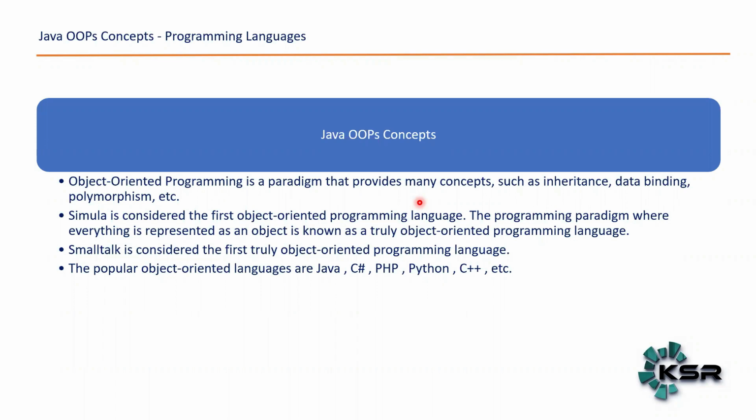Polymorphism. What do you mean by polymorphism? One interface, multiple methods. For example, I want to check the balance of your account. I have written one method, but it may be a different bank, for example HDFC Bank or ICICI Bank. The method is not going to change, only the bank name is going to change.